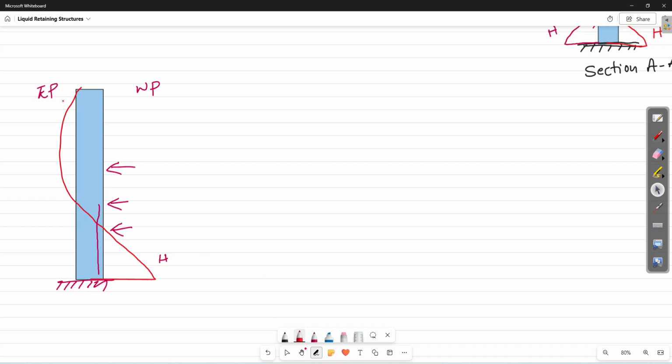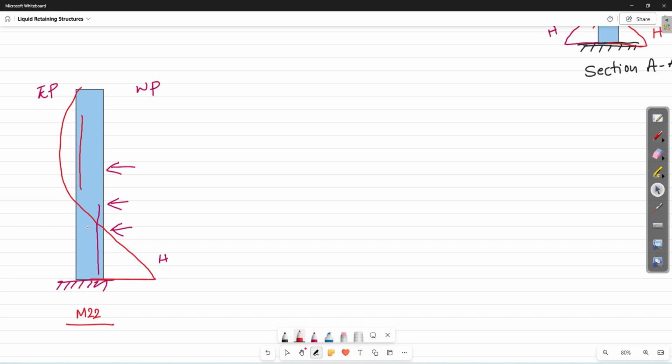Next, you will provide steel at this location, at this region. So this is your M22 bending diagram, vertical bending diagram.